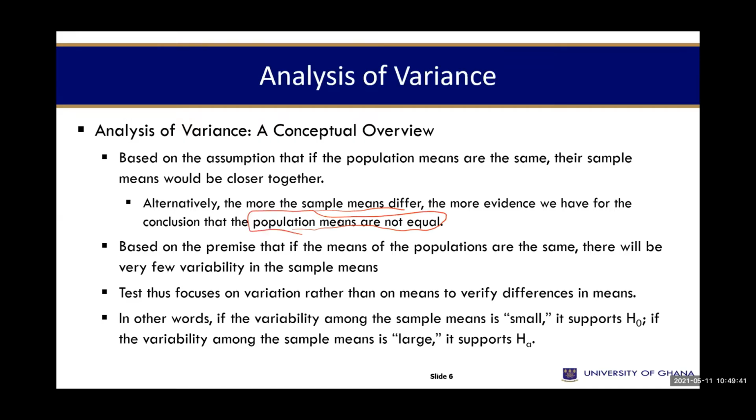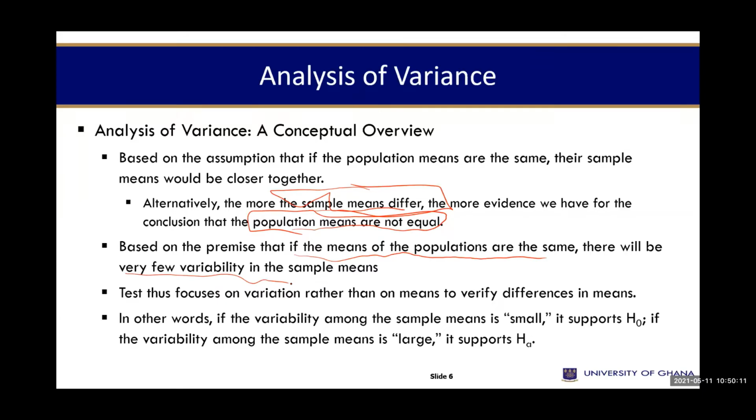So please note that we are looking at sample means differing from each other, because when you go further to measure the variances, there should be enough variability in the sample means you've collected. On that premise, if the means of the populations are the same, there will be very little variability in the sample means.